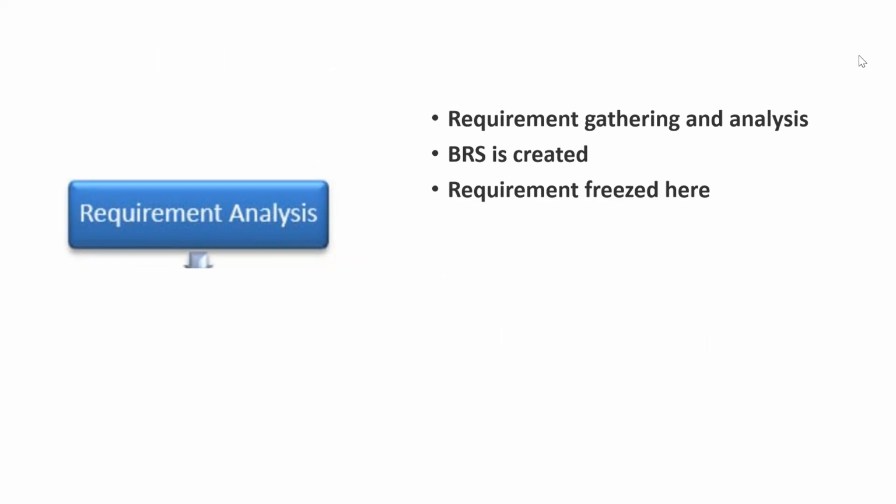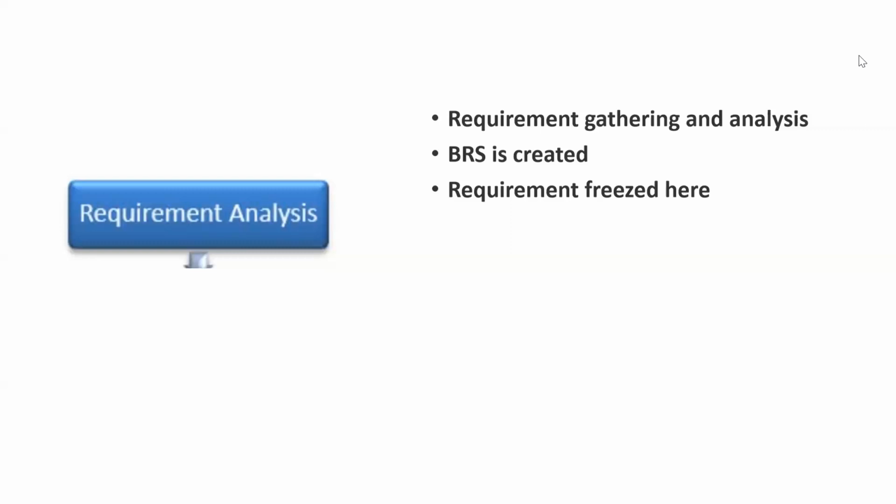Now, coming to the requirement analysis phase, this is the initial phase of your waterfall model. In waterfall model, in requirements analysis, the requirement will be gathered from the customers, and the analysis is done.